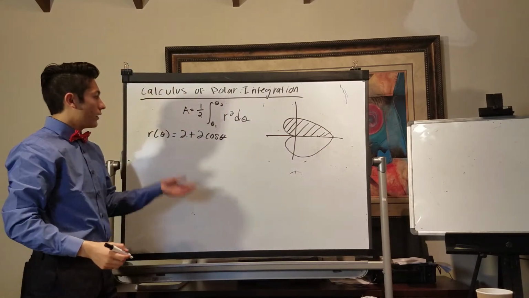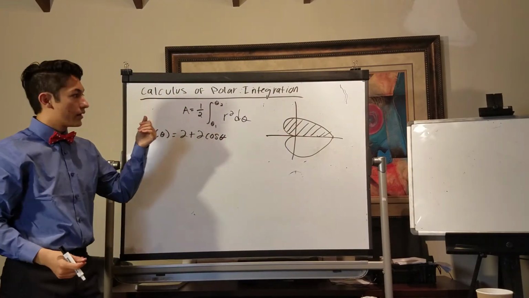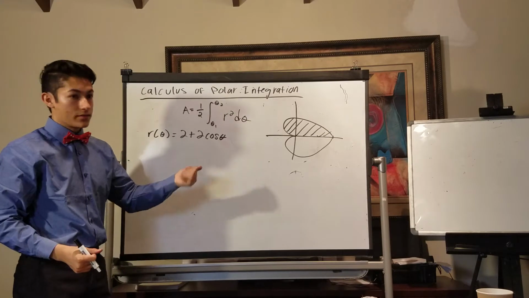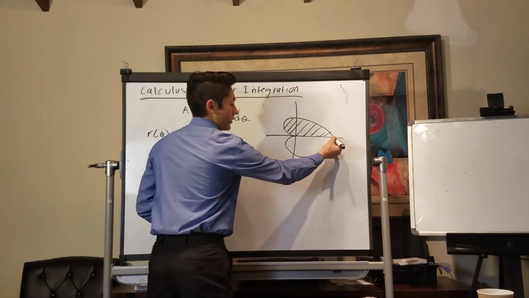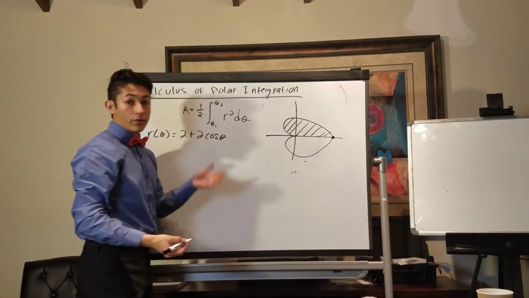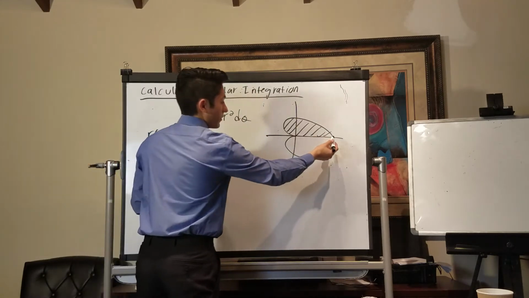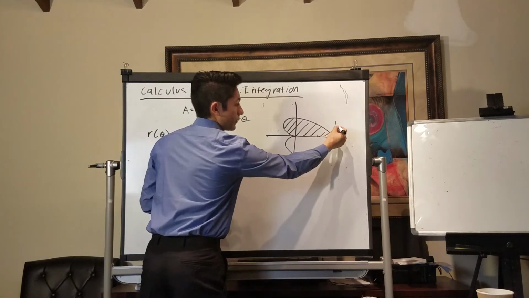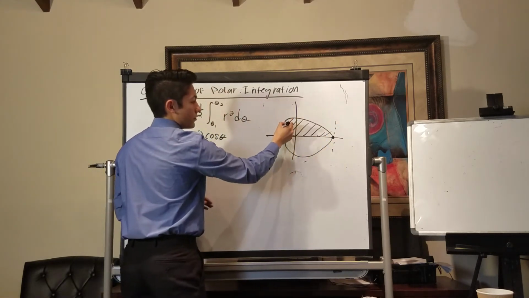Now, the first thing to look out for is what are my bounds. Remember that since polar rotates, your bounds will not be from this value to the outer edge here.